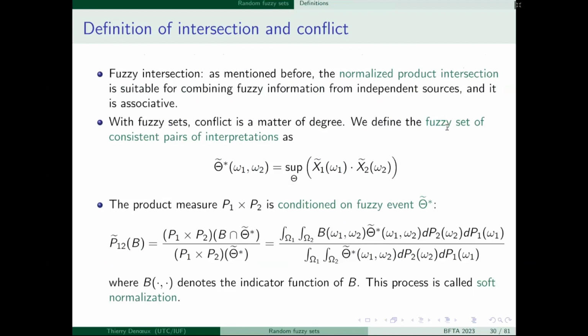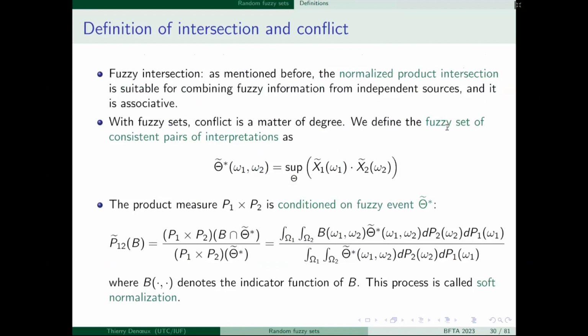Instead, in Dempster's rule, we had either the pair omega-1, omega-2 whose images intersect, is not conflicting, or the images don't intersect, is completely conflicting, and we eliminate this case. Here we have a fuzzy set of consistent pairs of interpretation. So we are going to take the product measure and condition it on that fuzzy set. And this is possible. There is a notion of Zadeh, always the same Zadeh, he plays a big role here.